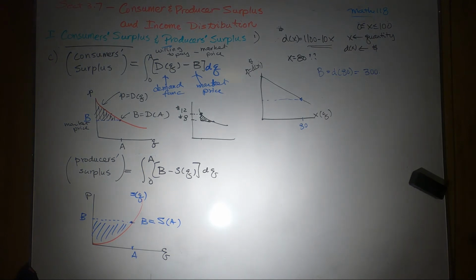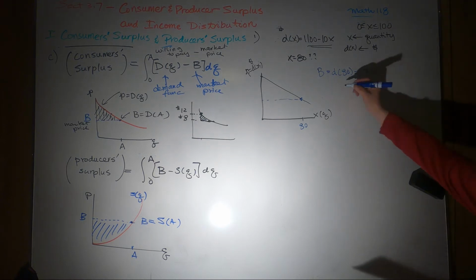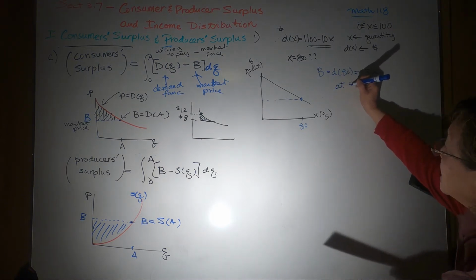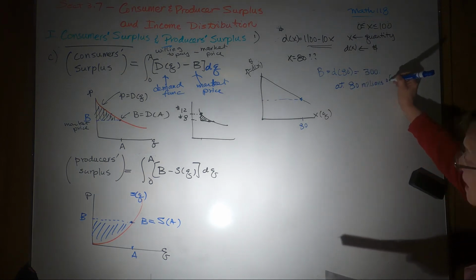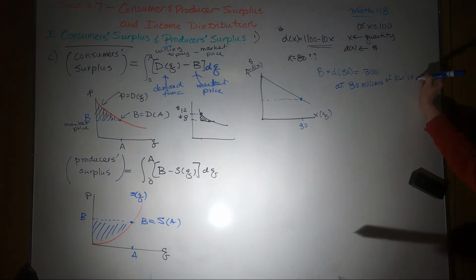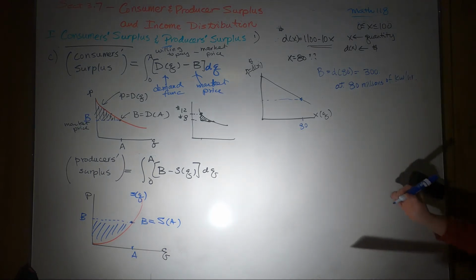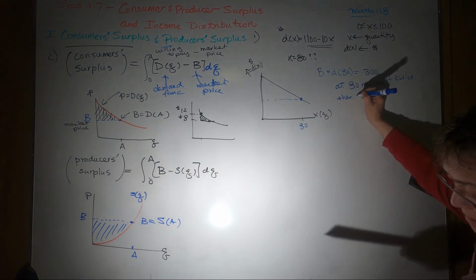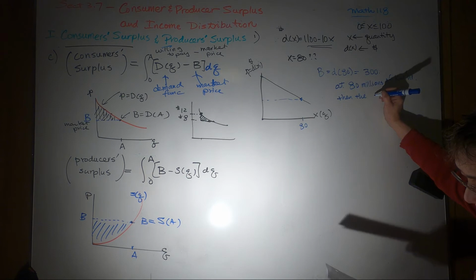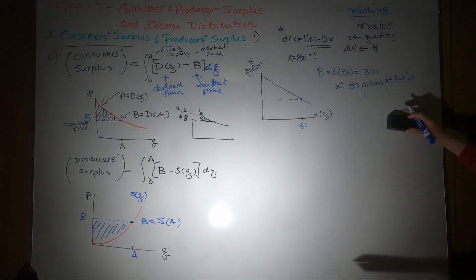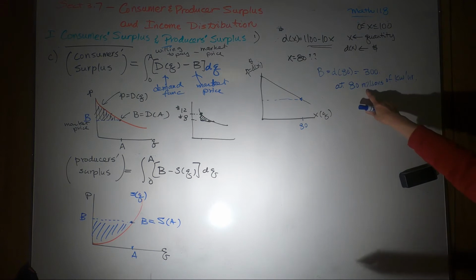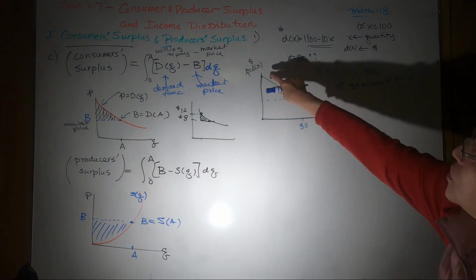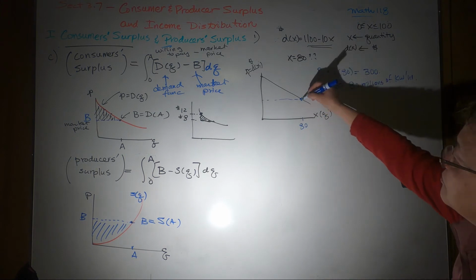So what does that mean? It means at this point of time, at 80 millions of kilowatt hours, then according to the demand function, the price would be what?